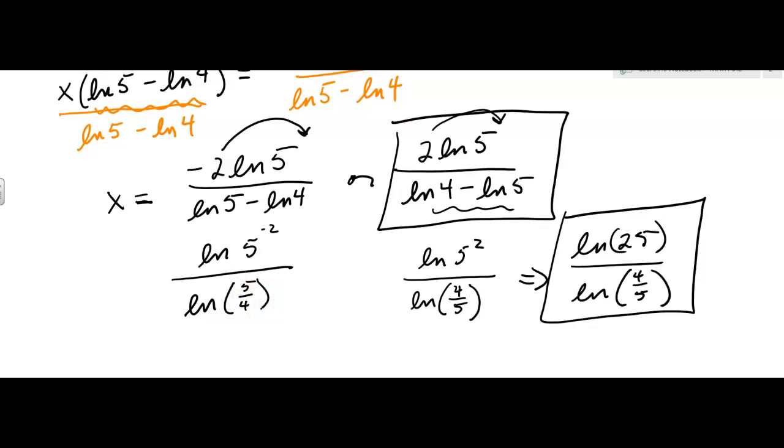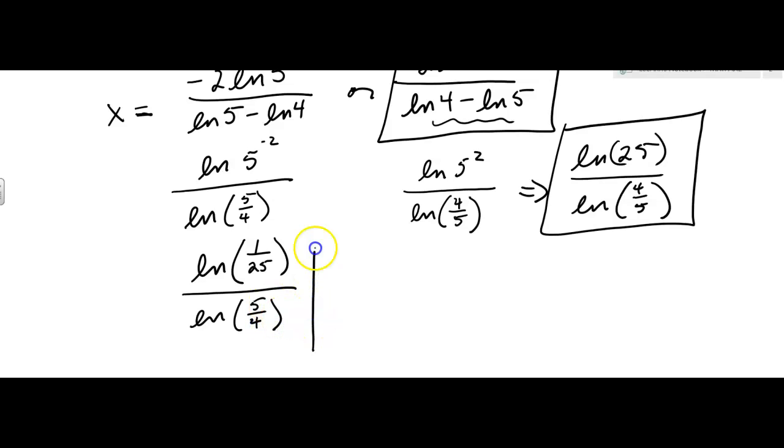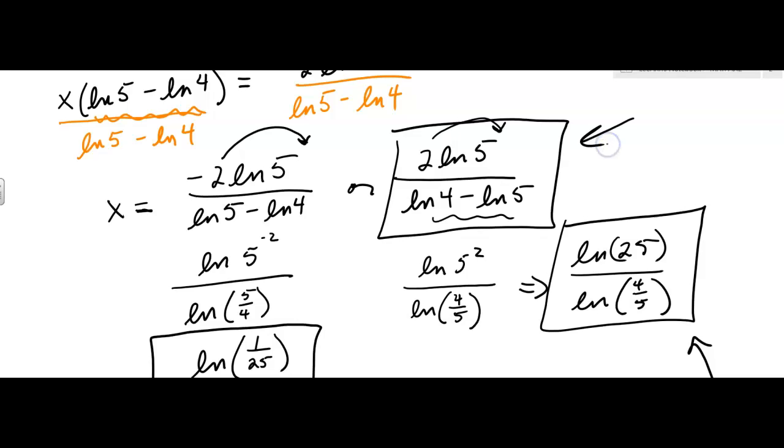Now you're probably going, how many answers do you want? Natural log of 1 over 25 over natural log of 5 over 4. I think your book has it this way. I don't think that's the nicest way. I think this one's nicer if you're going to put it back together. But I probably would leave it that way in all honesty.